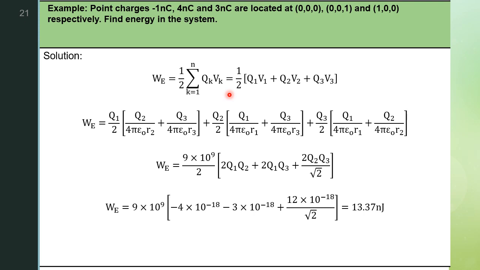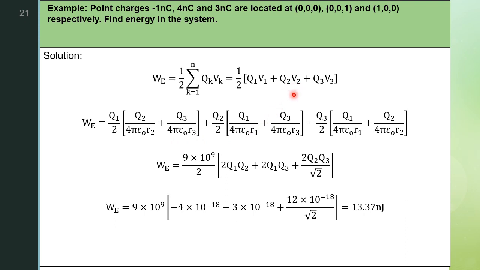V1, V2, V3 represent the total potential at points 1, 2 and 3. V1 is the total potential at 1 due to charges Q2 and Q3, so it is Q2 by 4 pi epsilon R2 plus Q3 by 4 pi epsilon R3.